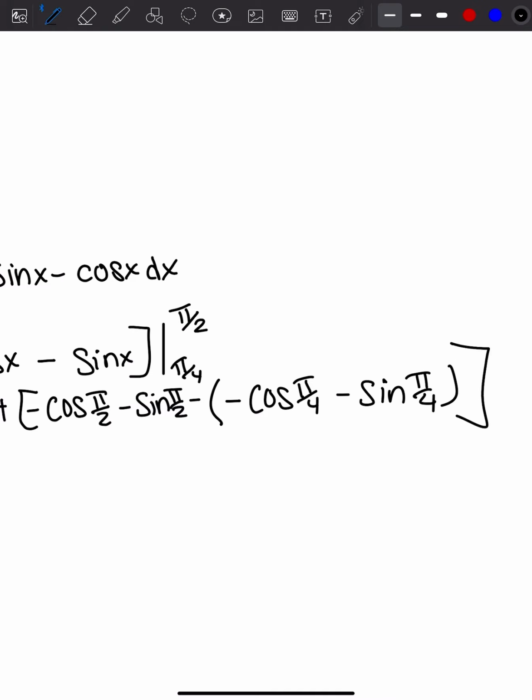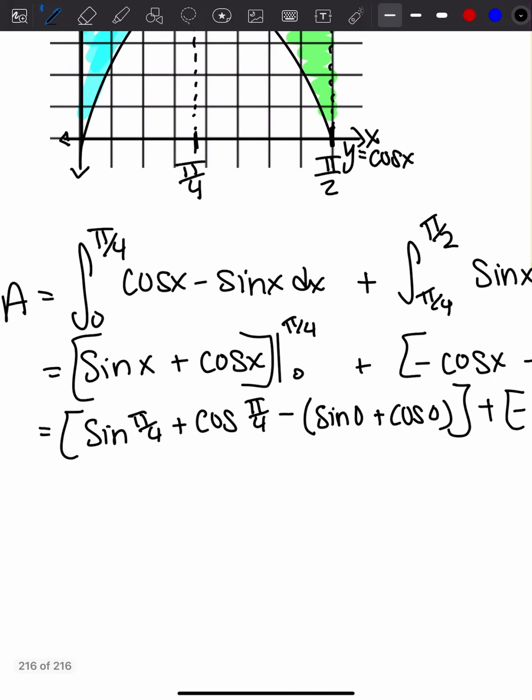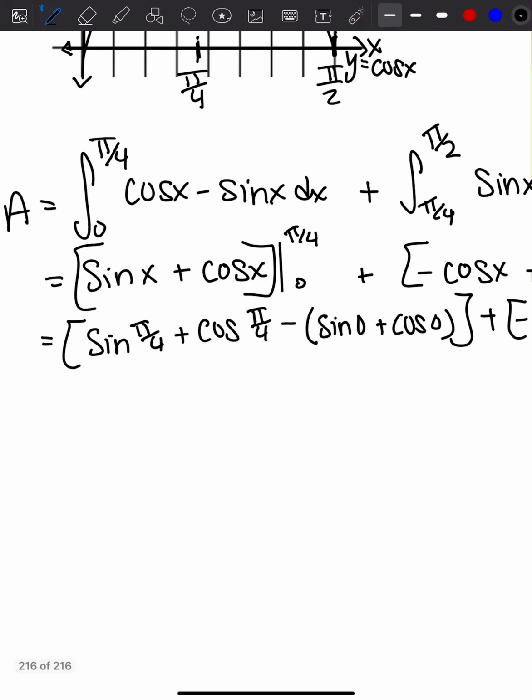And this is going to require us to remind ourselves of unit circle values. So pi over 4 is a really nice one because they are the same no matter what. Pi over 4 is that 45-degree angle, and this is going to be our square root of 2 over 2. So we have the square root of 2 over 2 plus the square root of 2 over 2. We are going to be subtracting from that sine of 0 plus cosine of 0.